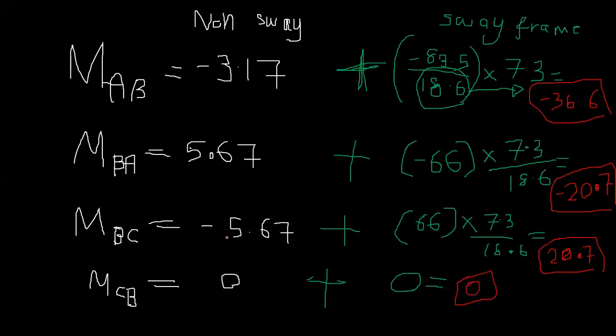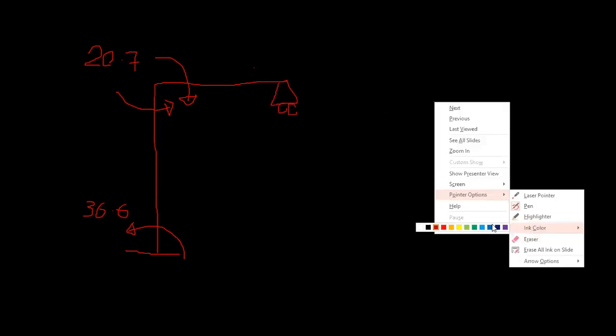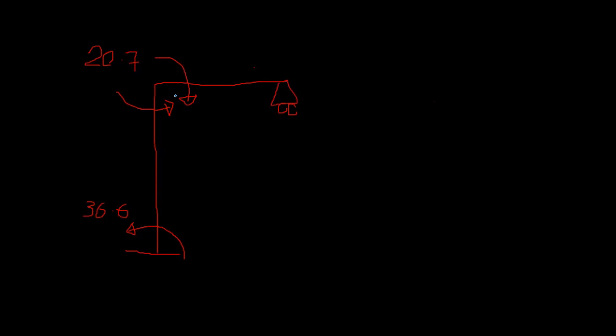And here it's going to be 36.6, right? So this is the final structure, right? Here it's 0.